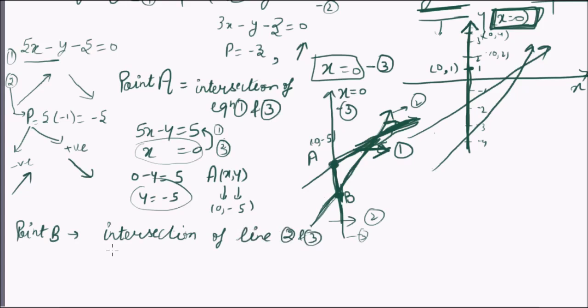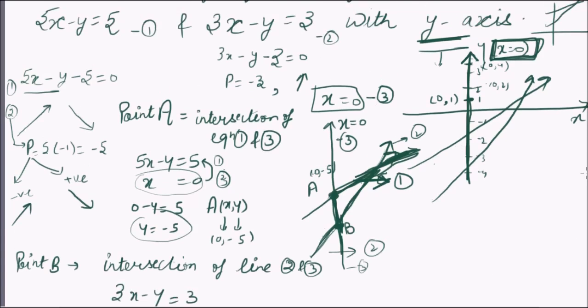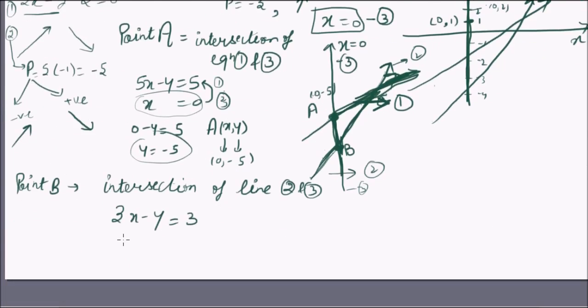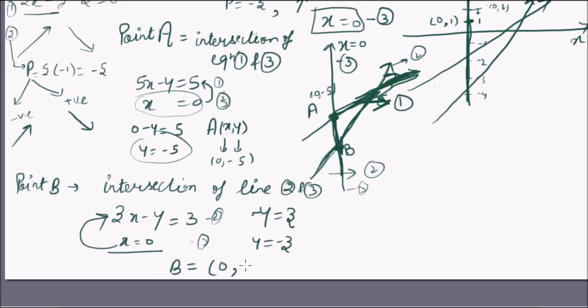Thus, it is the solution of pair 3x minus y equals 3, which is the second equation, and x equal to 0, which is the third equation. On substituting x equal to 0 in second equation, we have minus y equal to 3, or y equals minus 3. Thus the point B is nothing but 0 comma minus 3.